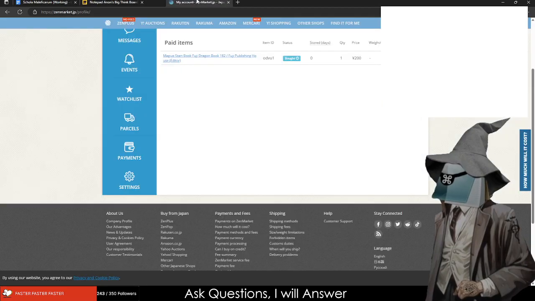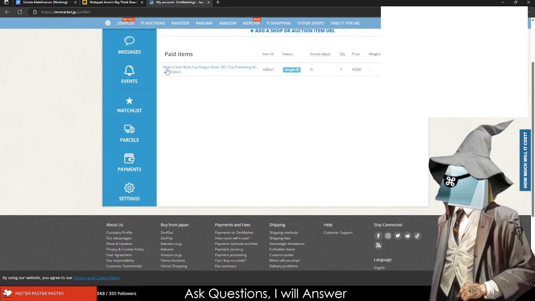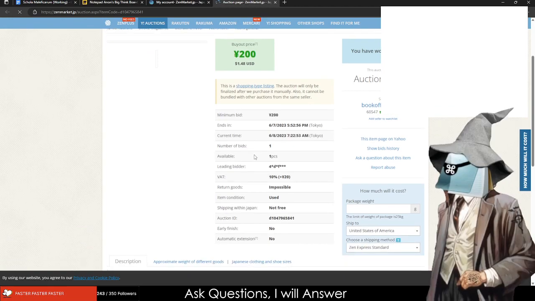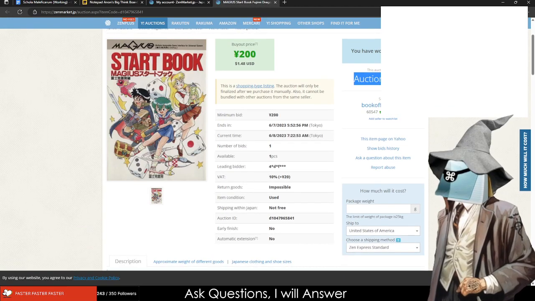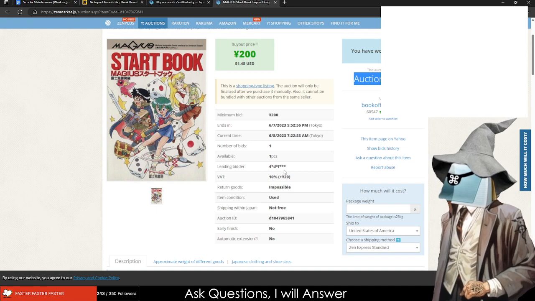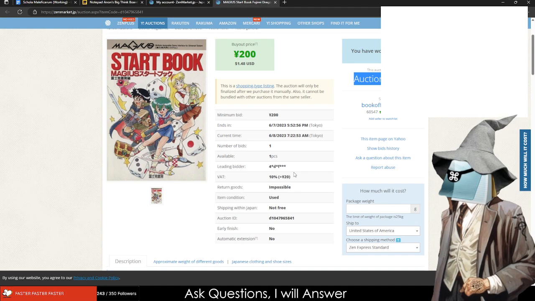As you can see here, I have actually purchased this. This is the Magius Start book. Auction ended. I bought it. This is mine.